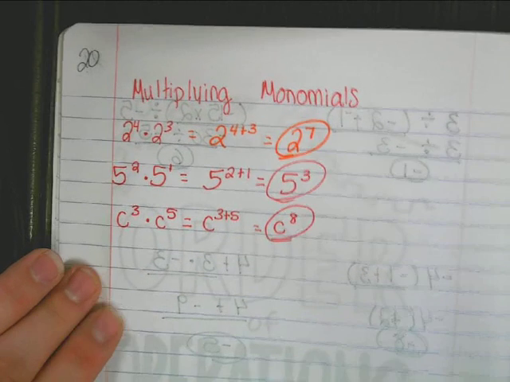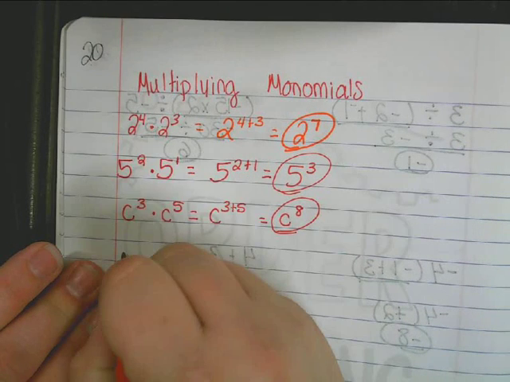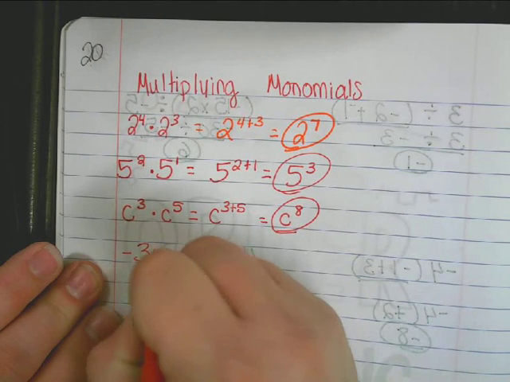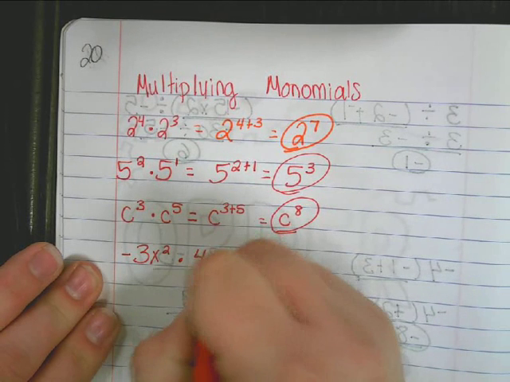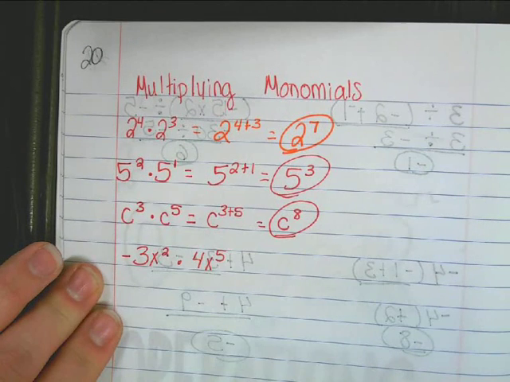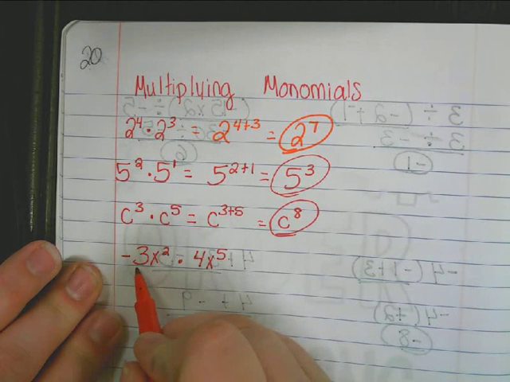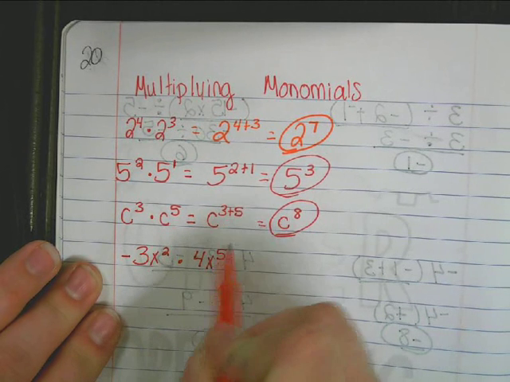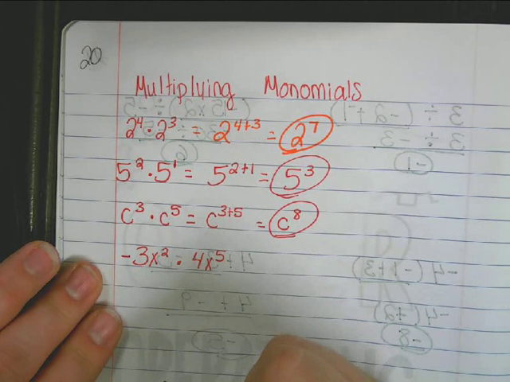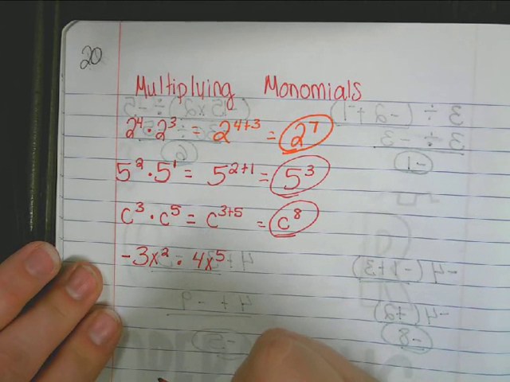And what about if I have negative 3x squared times 4x to the 5th? They're not asking you to solve it, they're just asking you to multiply monomials.